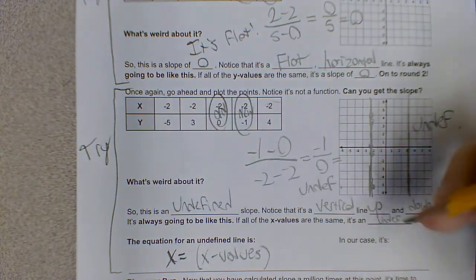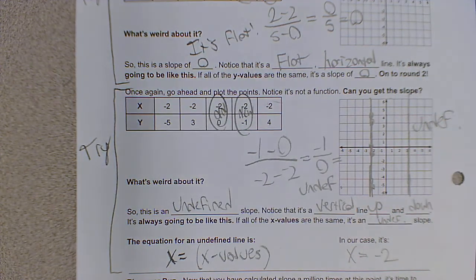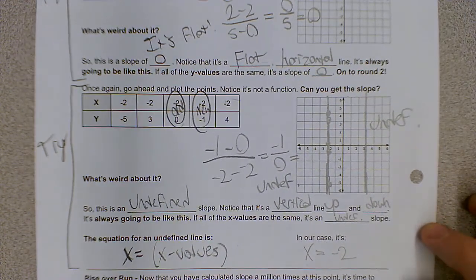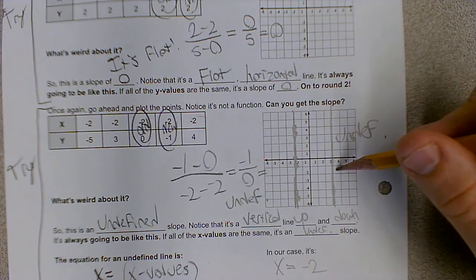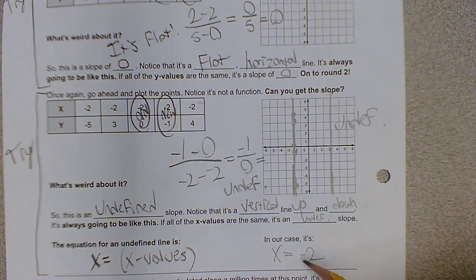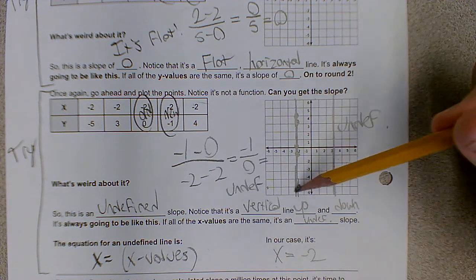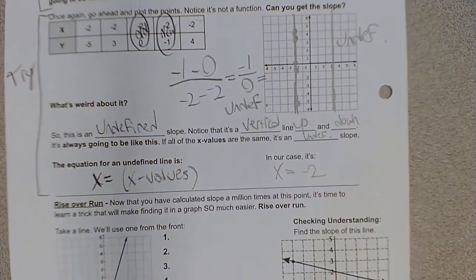So in our case, it's going to be x equals negative 2. And that's the whole idea. You got to be able to identify a slope of 0 and an undefined slope. This idea of an x equals line will come up later, but I want to make sure you've seen it. So this is an x equals negative 2 because it crosses negative 2 on the x-axis. Okay, let's go to the bottom.